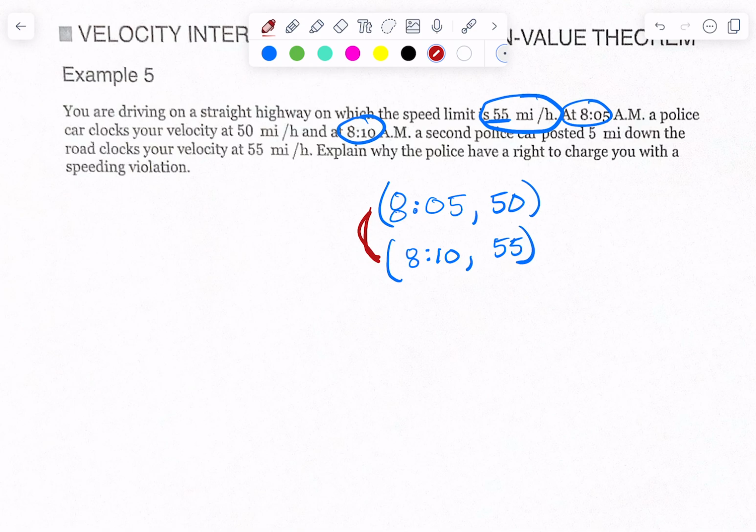And I have gone 5 miles in 5 minutes. True? That's a mile a minute, which means you're going 60 miles an hour on average. Right? 60 miles an hour is what it would have to average out to be, which means you actually have gone faster than that at some point. So what was I going at a certain point in time? Let's figure that out.